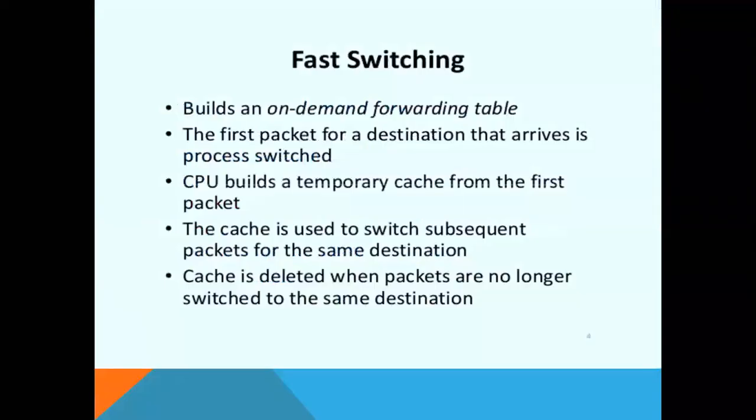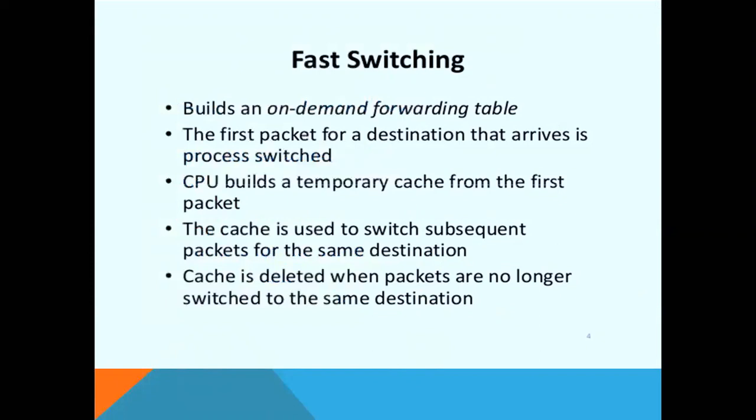Whereas in fast switching, it does the same thing. When the packet arrives, the router does the layer 3 lookup, then finds the destination network and the exit interface, and finally forwards the packet. But additionally, it maintains the information in the router's cache, which is the fast switching cache.